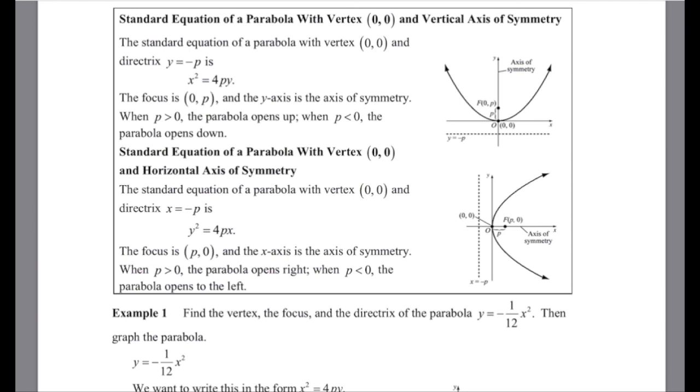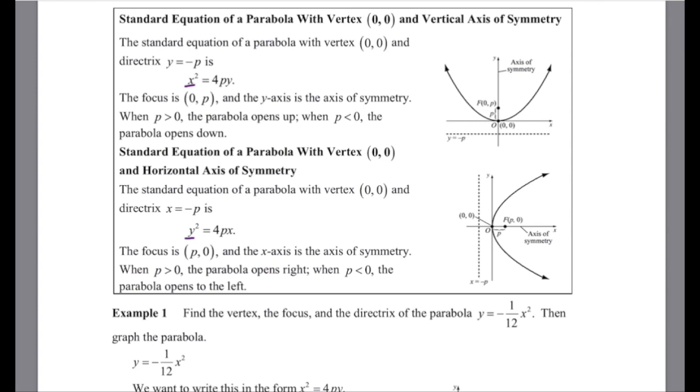And we have a vertical axis of symmetry, or we could potentially have a horizontal line of symmetry depending upon if we have x squared or y squared. If it's x squared, we will have a smiley face or a frowny face. However, if it's a y squared value, we will be facing to the right or to the left.